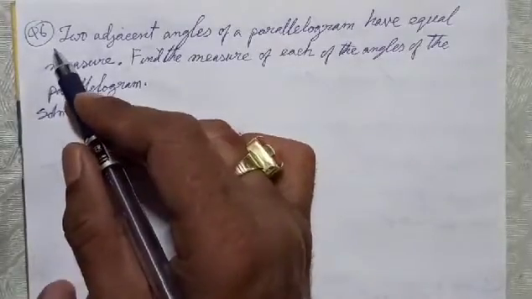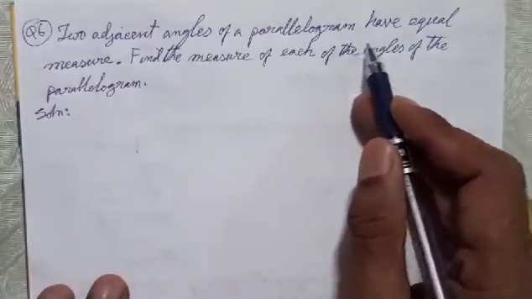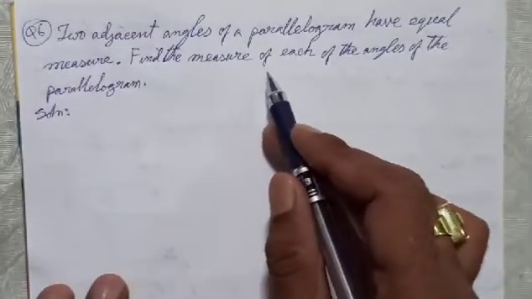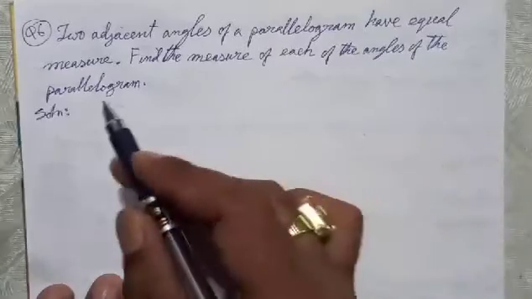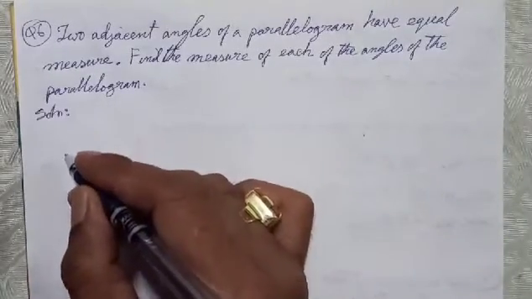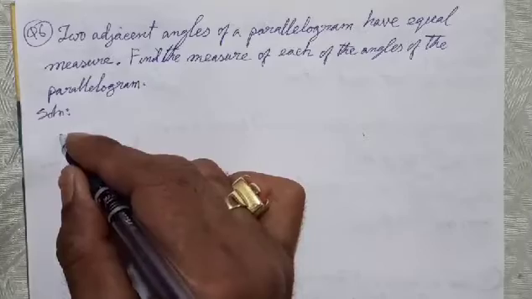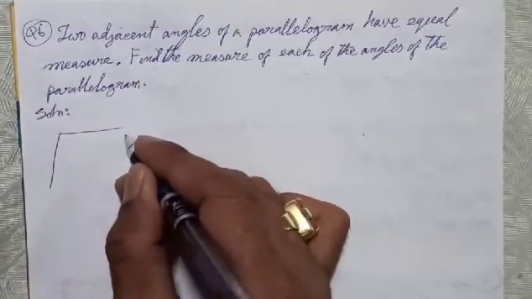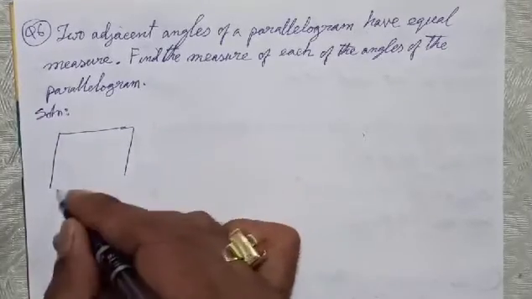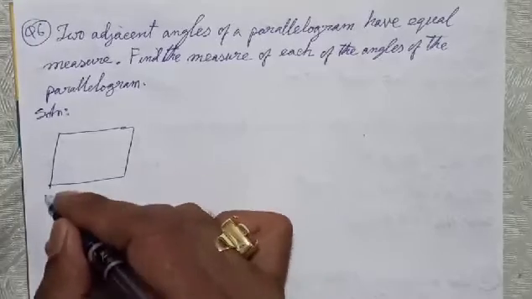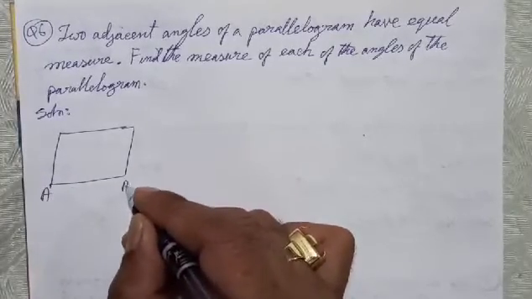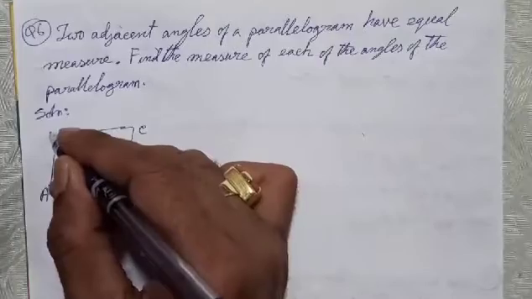Now question number 6. Two adjacent angles of a parallelogram have equal measure. Find the measure of each of the angles of the parallelogram. Now let's draw a diagram. Let us suppose that this is the given parallelogram.